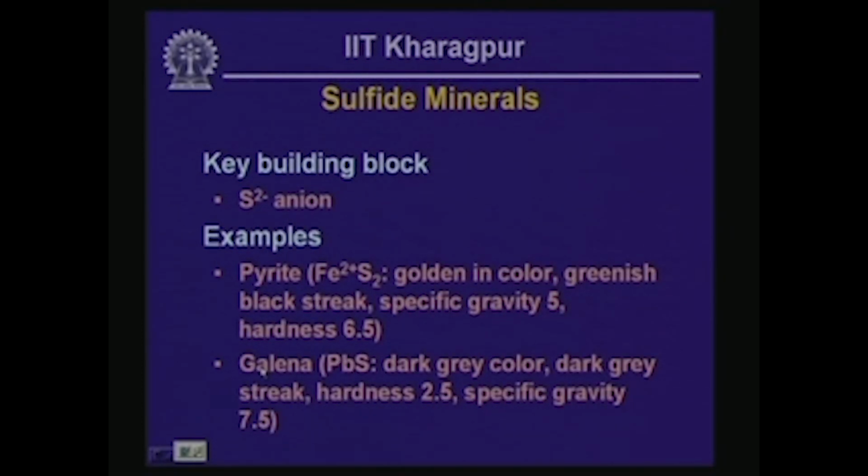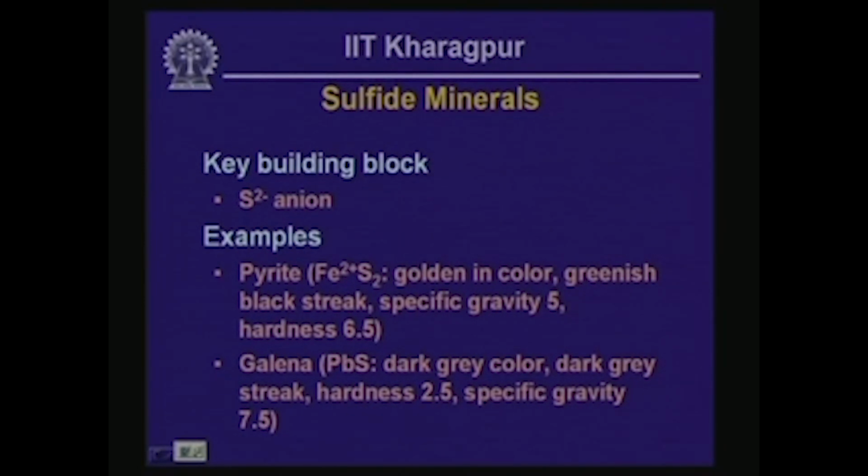Another relatively abundant group of minerals are called sulfide minerals, and here you have the bivalent sulfur anion, or sulfide anion. Examples are pyrite and galena.